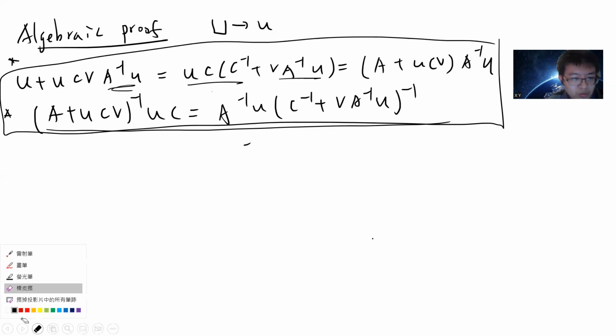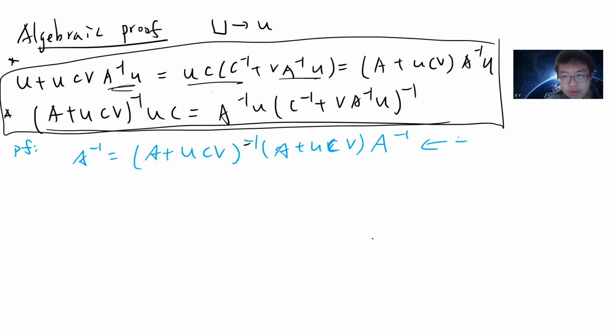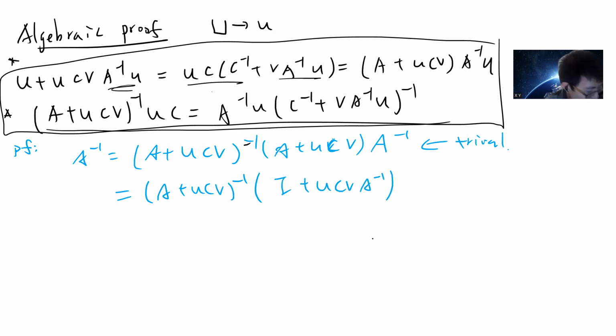Okay, so let's dive into the proof. Let's write A inverse as A plus UCV inverse times A plus UCV, so this is trivial. Now I just expand it, so I get A plus UCV inverse times the identity plus UCVA inverse. Nice, we have something very similar.